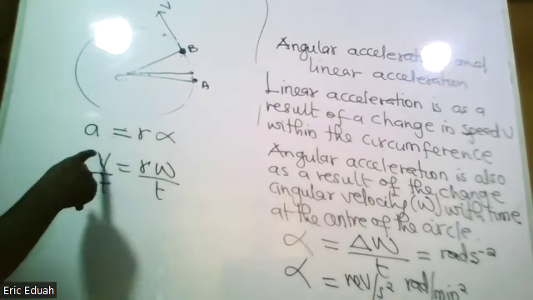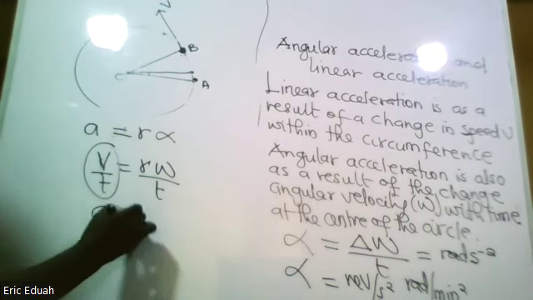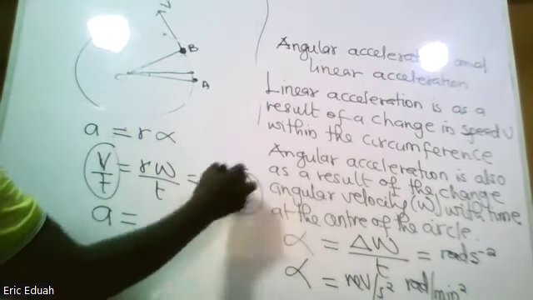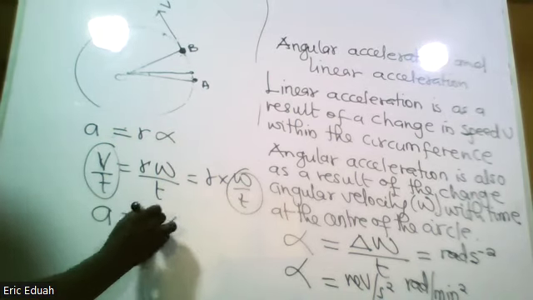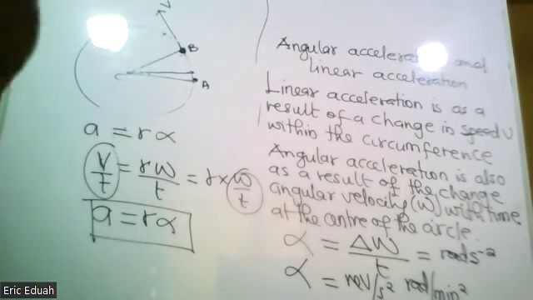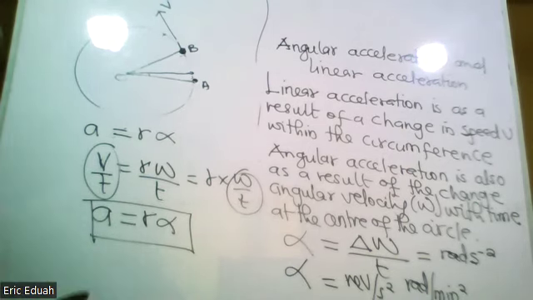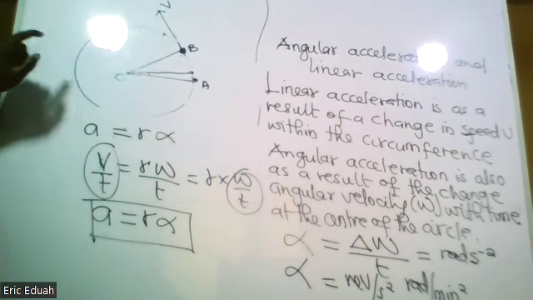So you divide both by the changing time, and this will give us A is equal to R times omega over T. This part is equal to this one. So A equals R alpha is the relationship.